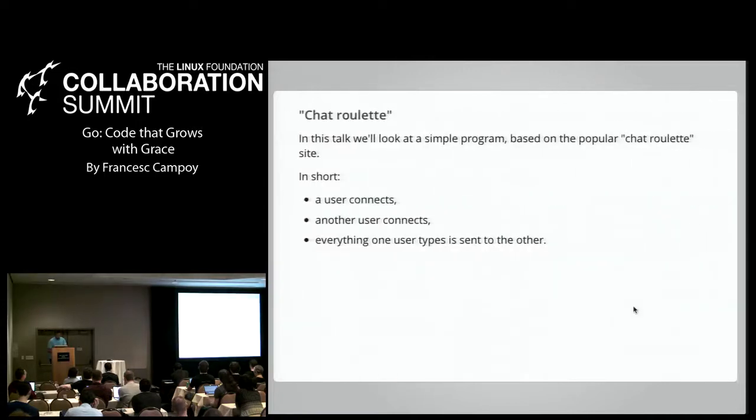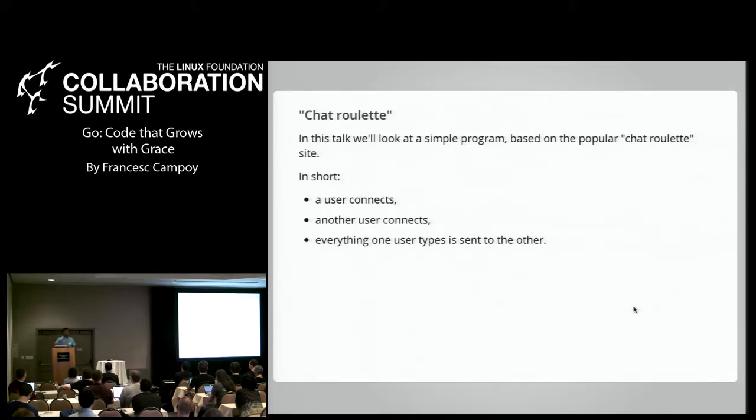Okay. Now, who has heard about Go, chat roulette? Okay, surprisingly small number of people. So chat roulette is a chat server where you don't choose who you talk to. Basically, you connect there, and you get matched to someone else in the world.